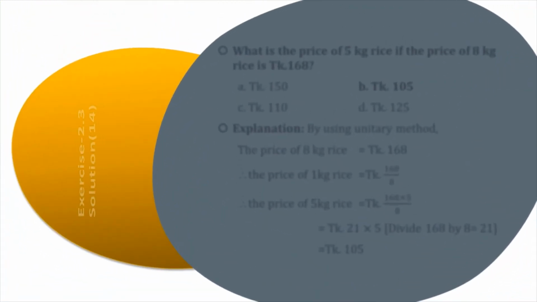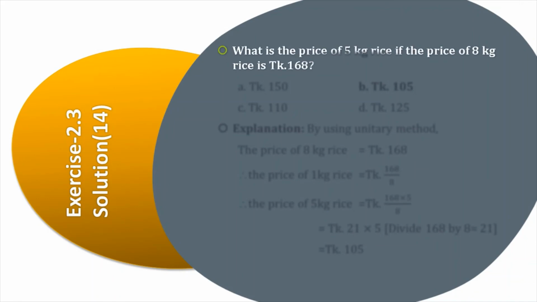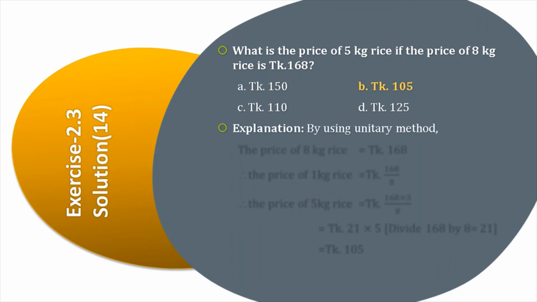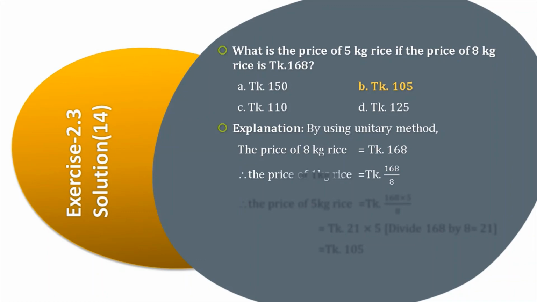The last question, solution number 14. What is the price of 5 kg rice if the price of 8 kg rice is taka 168? These are our options: taka 150, taka 105, taka 110, taka 125. Our desired answer is option B, because this is the marked part. Let us see the explanation. By using the unitary method, the price of 8 kg rice equals taka 168. So the price of 1 kg rice would be less, so we divide 168 by 8.